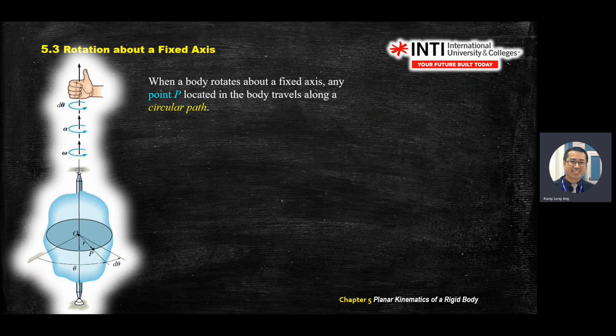When this body rotates about a certain fixed axis, and you fix at point P, when you see it from one location, you are seeing P actually circling the center. It's like your eyes: when you rotate your body, you're seeing your eyes actually moving in a circle.